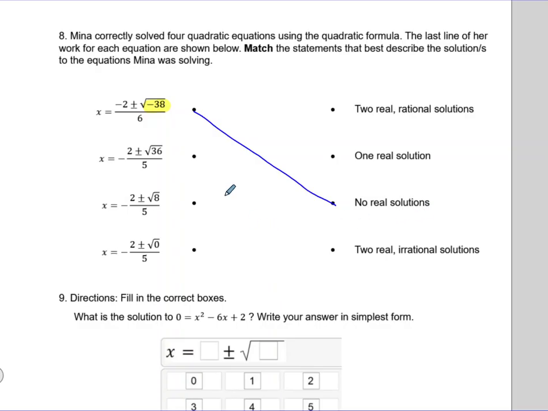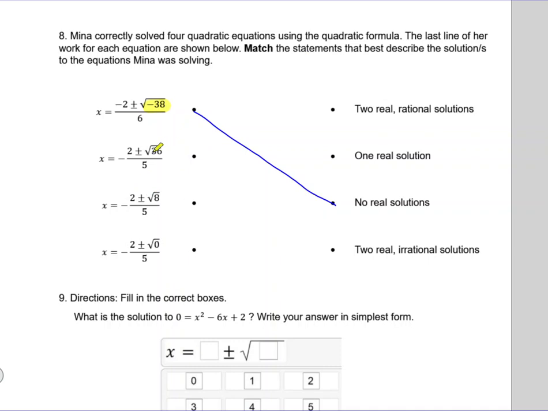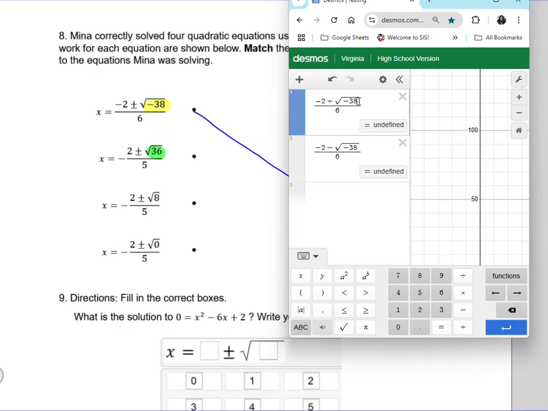Okay. The next one here, I have square root of 36, and I know what square root of 36 is. That's 6, right? So that means that I'm going to have a nice rational solution. If you want to go ahead and plug them in, here you have 36, and then notice the bottom changes to a 5.